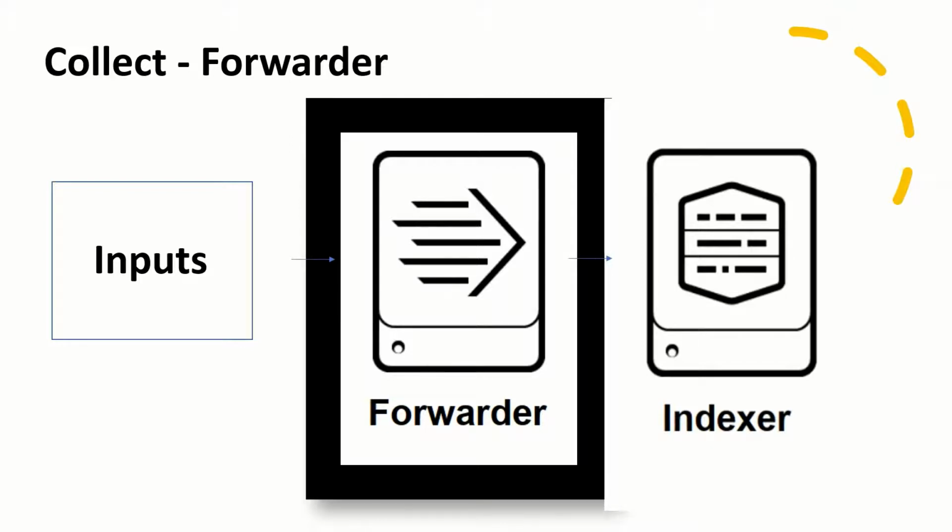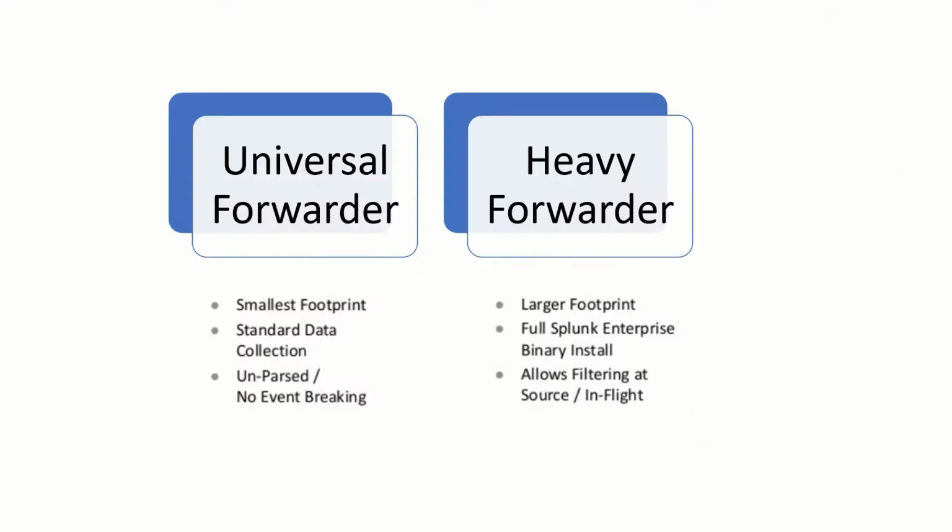There is one more functionality of the forwarder: it forwards the data to the next component of Splunk, that is called indexer. There are two types of forwarder. One is universal forwarder and another one is heavy forwarder.